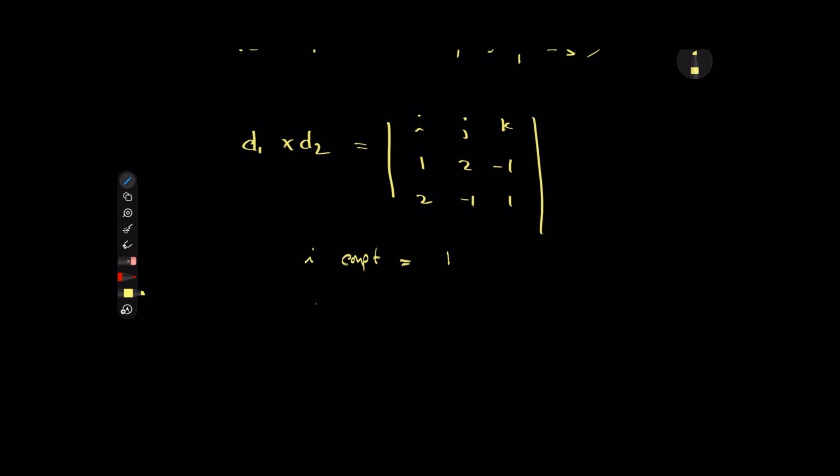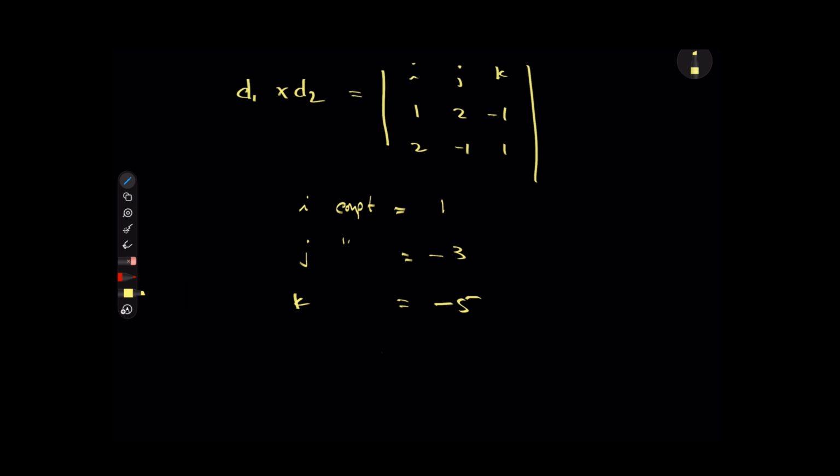Then we have the j component, which is 1 minus negative 1 by 2, which will give me 2 plus 1, which is 3. And of course, the j component has a negative sign in front, so it becomes negative 3. Then we have the k component. So I'll have negative 1 minus 4, which is negative 5. Okay, so D1 cross D2 in vector form will be 1, negative 3, negative 5.